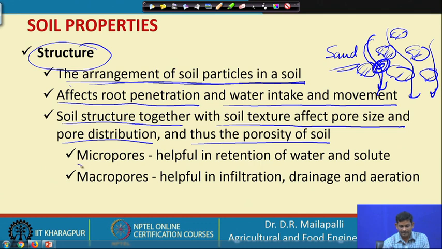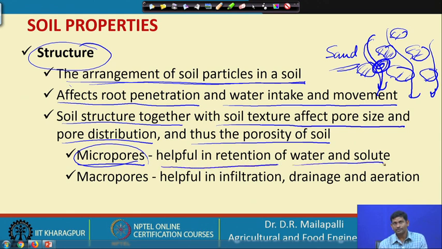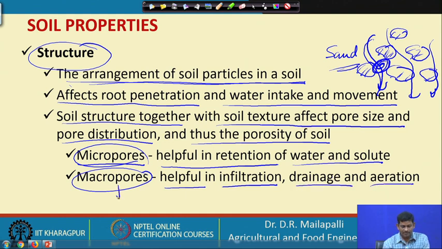Micropores are helpful for retention of water and solutes, whereas macropores, which are bigger than micropores, are helpful for infiltration, drainage, and aeration. The macropores are mostly due to dead roots, rodent holes, or cracks, so it depends on what causes the bigger pores.